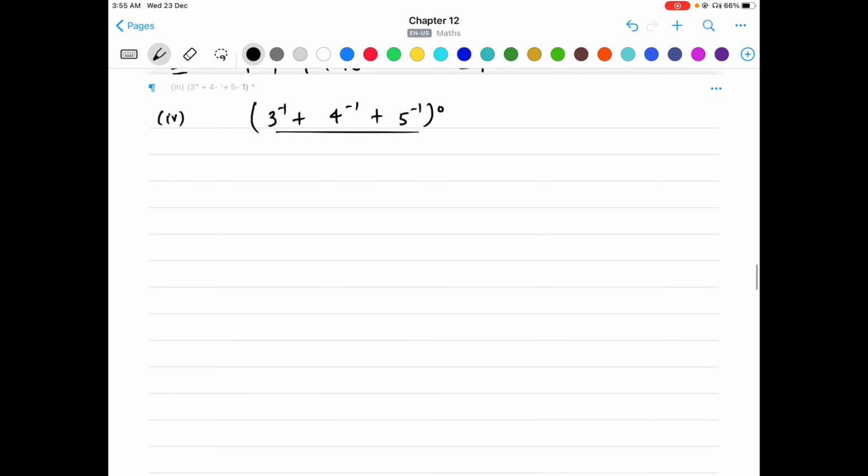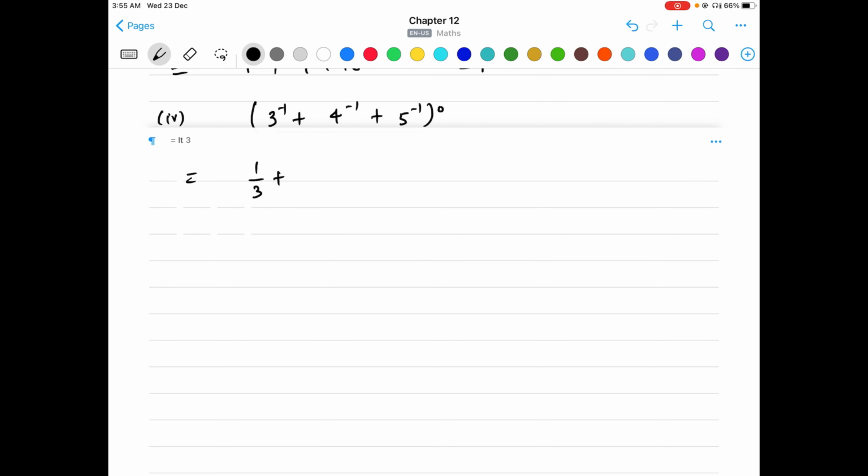First we can solve the inner part. 3 power minus 1 will be 1 by 3, plus 4 power minus 1 will be, sorry, plus 1 by 4, and similarly 5 power minus 1 will be 1 by 5, having whole power 0.